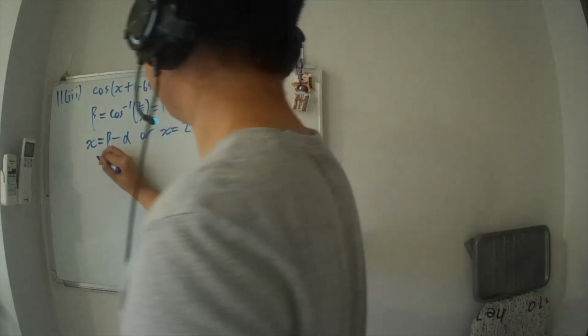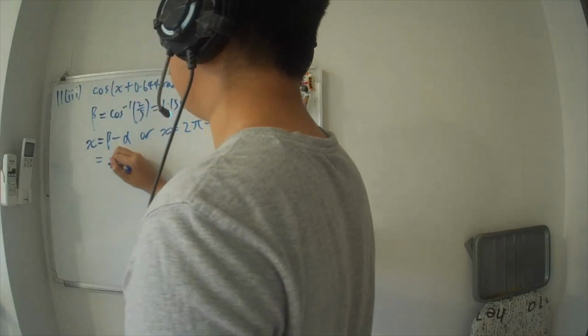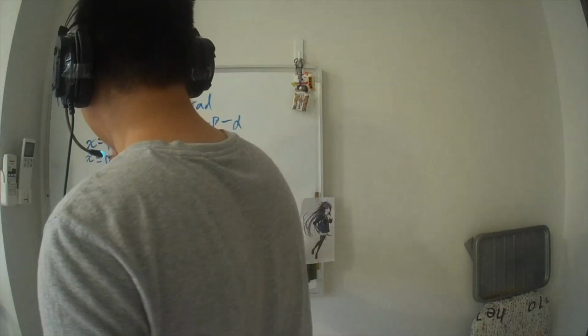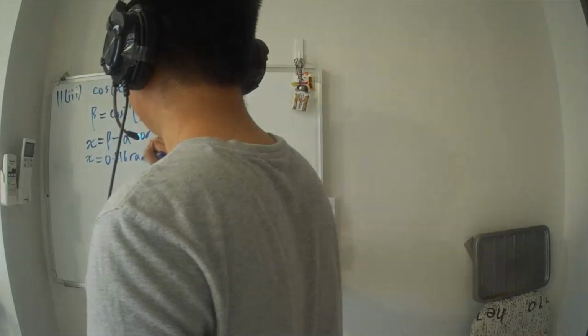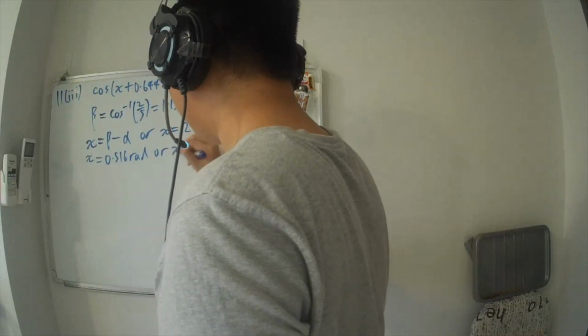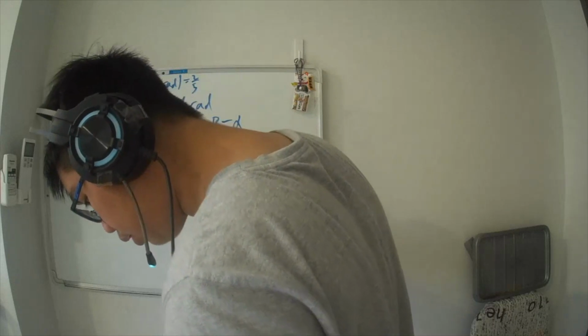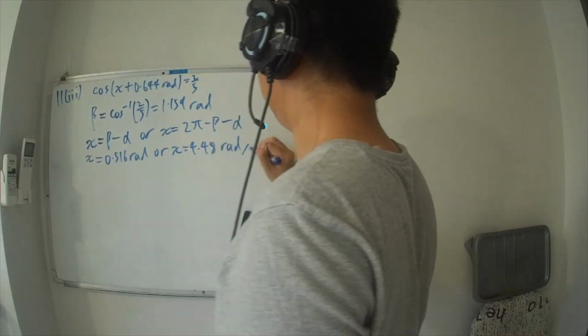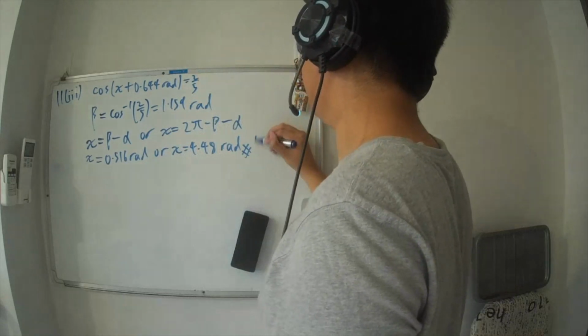If you work it out, I'm not going to work it out myself here, but x is going to be equal to 0.516 radian, or x will be equal to 4.48 radian. And these are by 3SF.